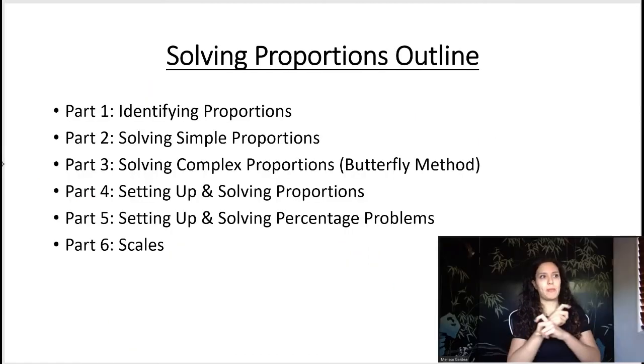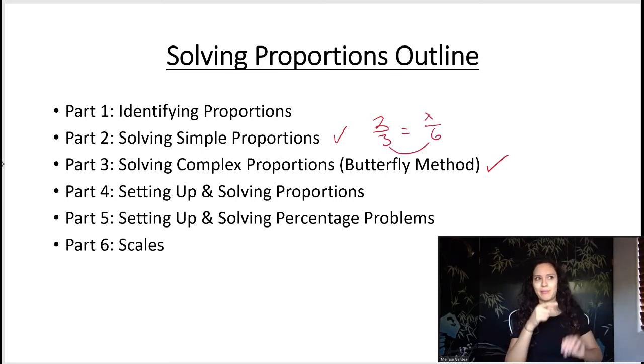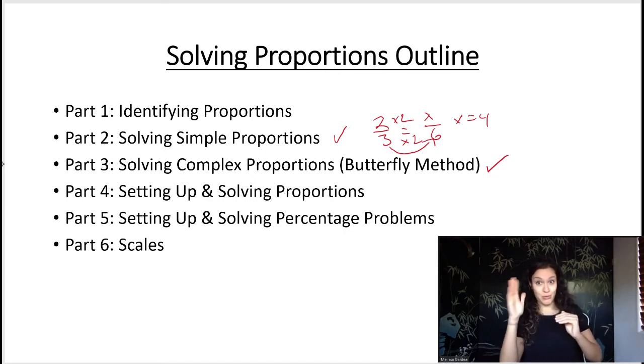All right, so we just finished solving complex proportions using the butterfly method. Before that, we were able to solve simple proportions by looking to see how we get the number across. Like to get from 3 to 6, we just times 2. So then x equals 4, because if we multiply by 2 on the bottom, we multiply by 2 on the top. So our unknown would be 2 times 2, which is 4.